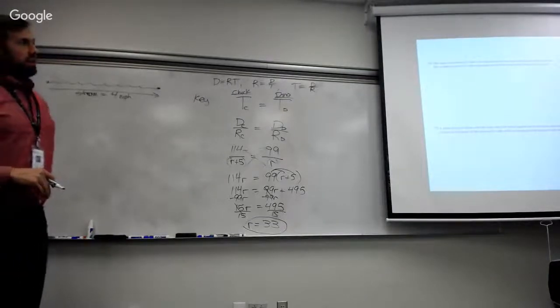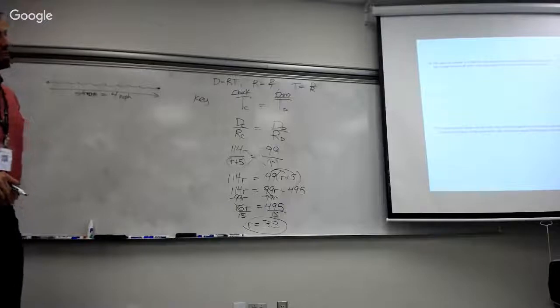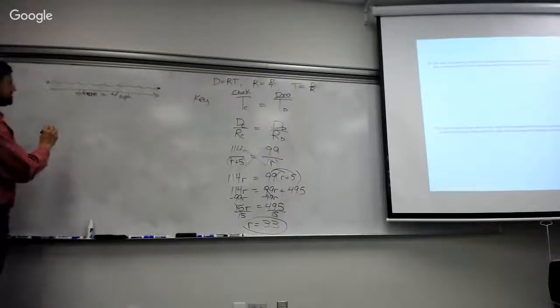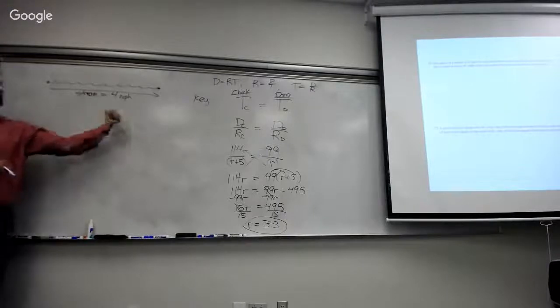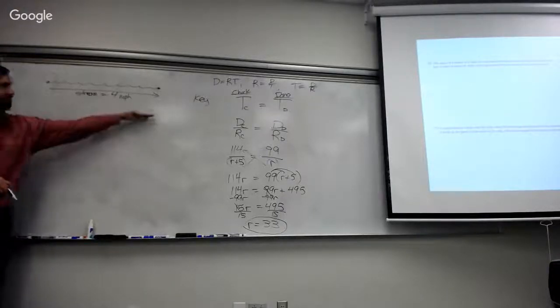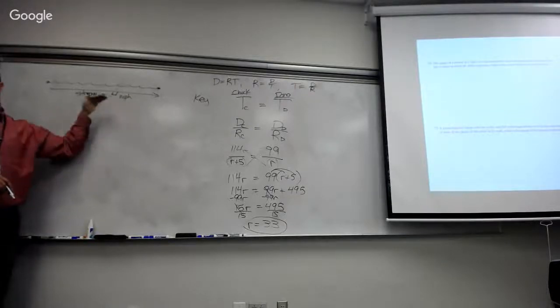Now what? A boat is going to travel 90 miles downstream in the same time that it takes to travel 45 miles upstream. So how can we add that to our picture? So the boat is going to travel 90 miles downstream. So which way is downstream? This way or this way? To the right would be downstream, right? Because we're going with the stream. The stream is helping us along.